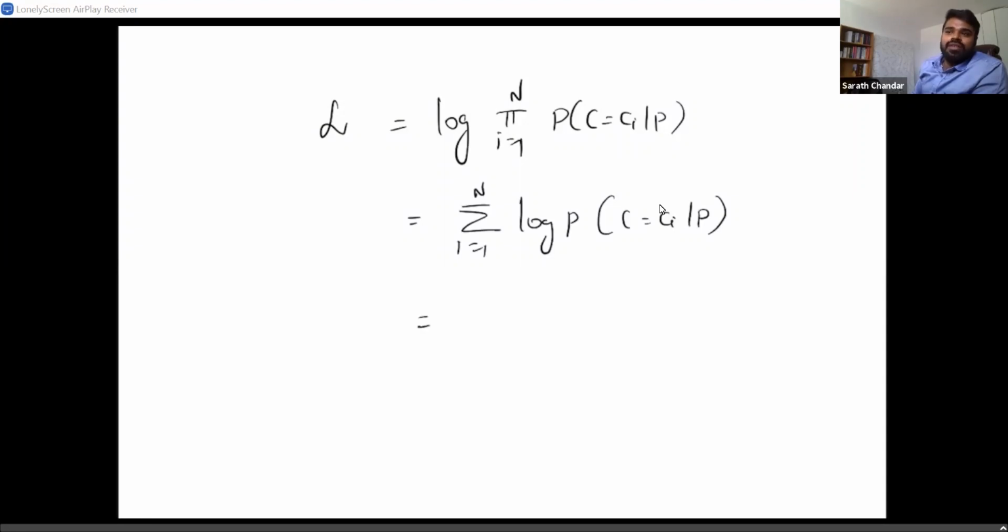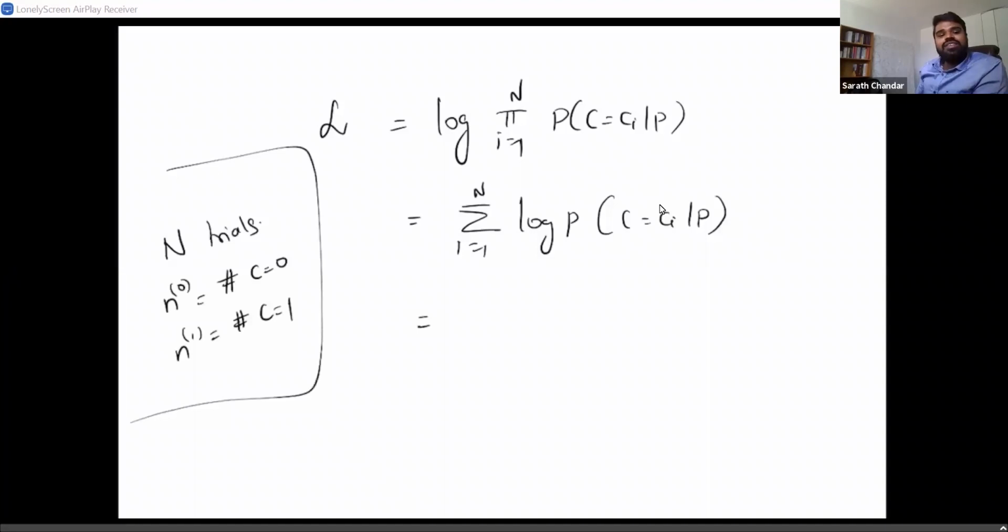There are only two possible values. So let's say I have totally n trials, out of which n0 is the number of times C is equal to 0, and n1 is the number of times C is equal to 1.